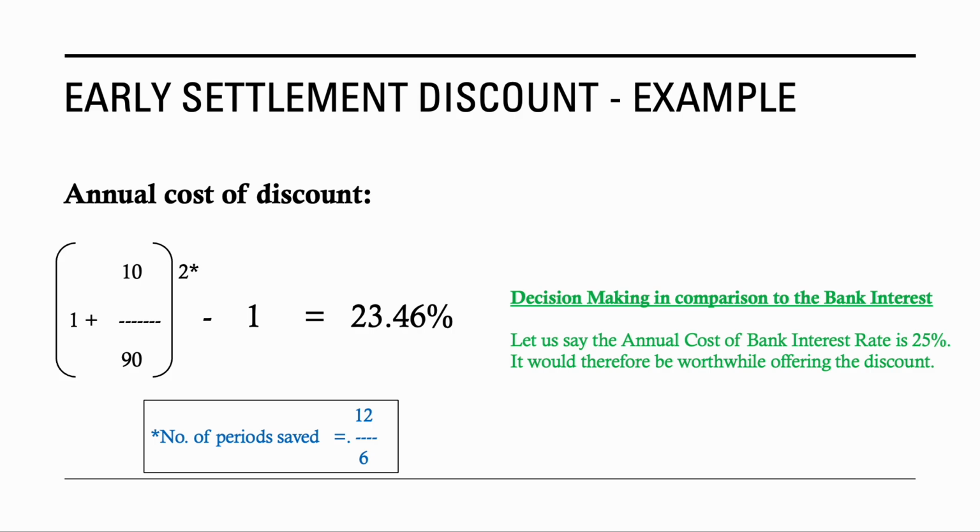So it is still beneficial for me to go with the early discount settlement rather than me paying 25% to the bank on an annual basis. So that's a simple mathematical calculation which helps me make a decision as to which path to approach the accounts receivable management.